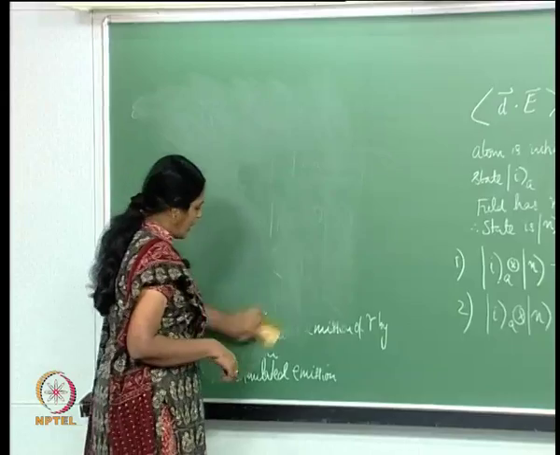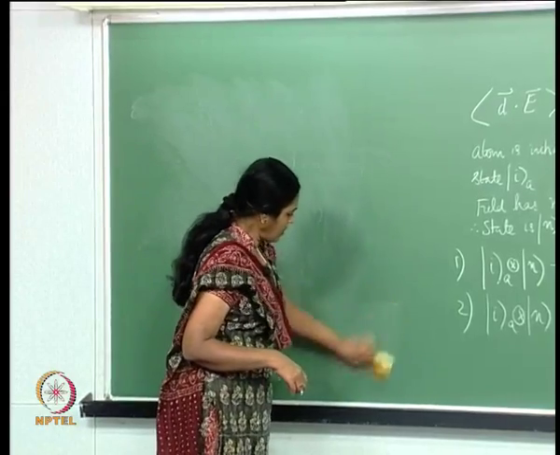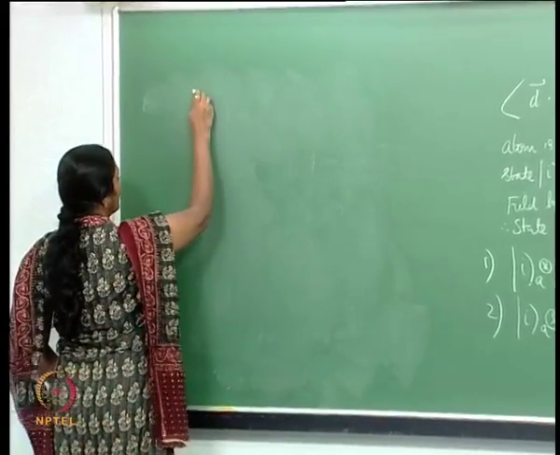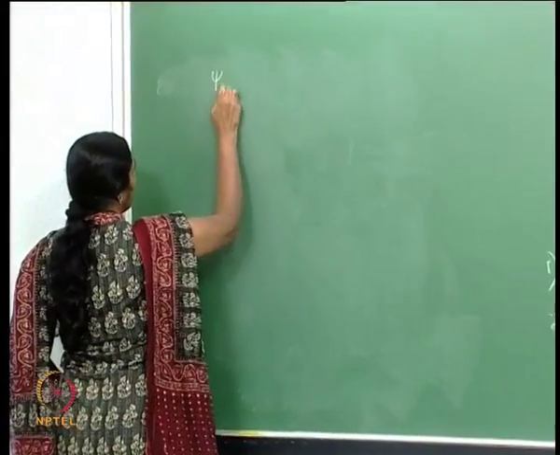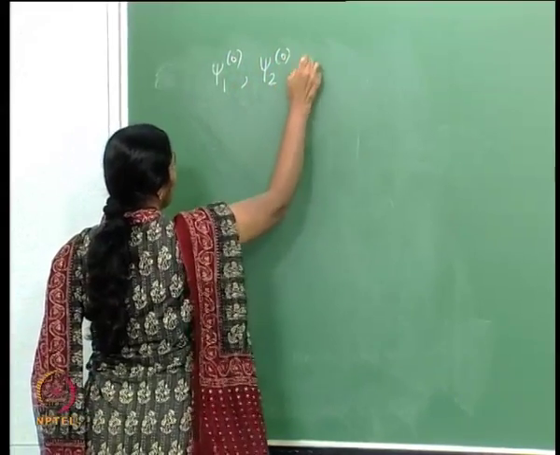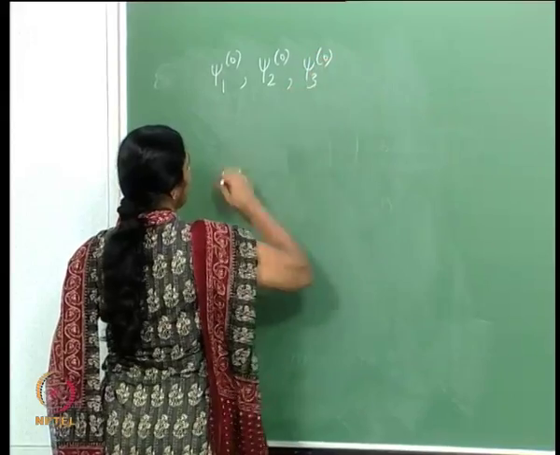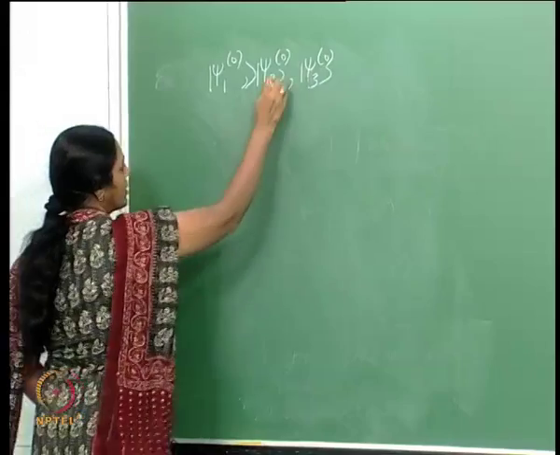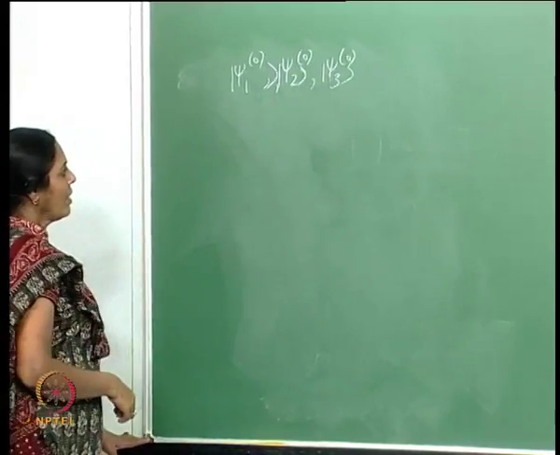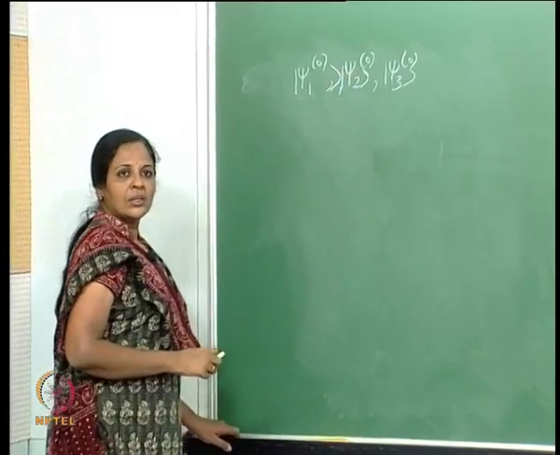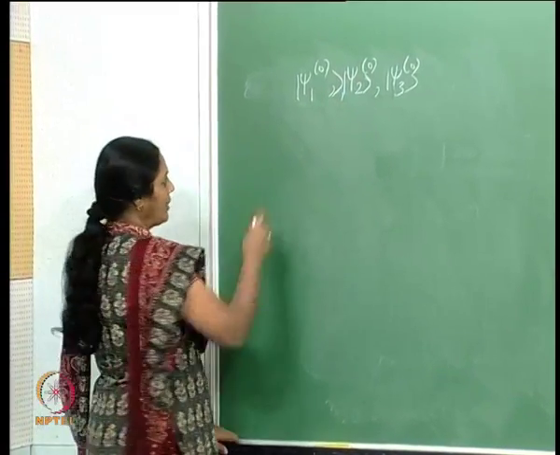Let me take an example. Right now not an example from physics, but let me look at a situation where there are 3 states, psi 1 0, psi 2 0 and psi 3 0. Let's make kets out of them, and let's say that psi 1 0 and psi 2 0 correspond to the same energy value.